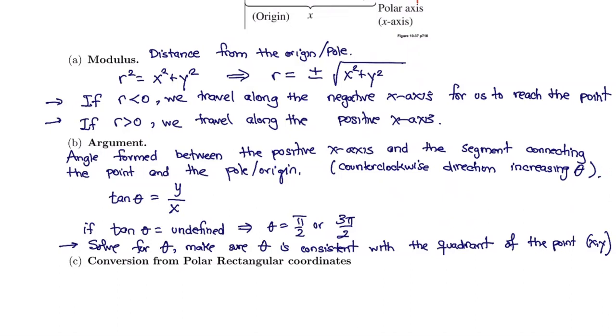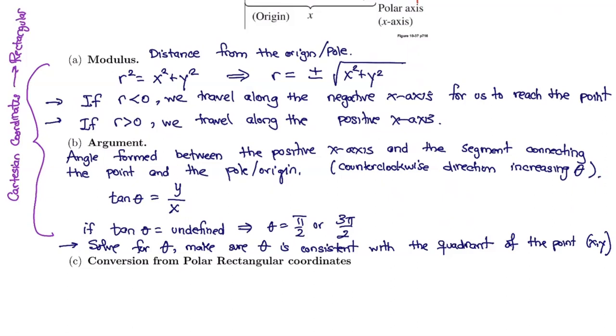Both of these, the modulus and the argument, would be used if you are trying to convert from Cartesian or rectangular coordinates to polar. So these would be the conversion formulas in order to do that.